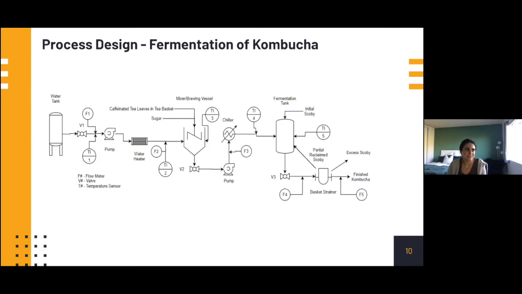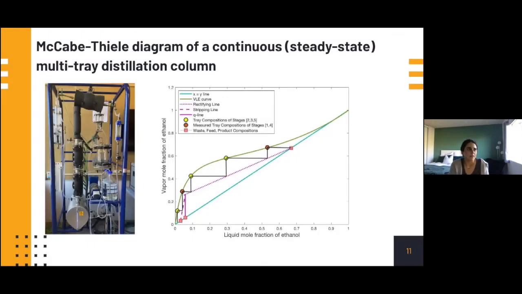It's a process designed for fermenting kombucha, and I used Aspen to do this. But again, I can use Python and MATLAB and Aspen to give me even more analysis of my data and of my process.